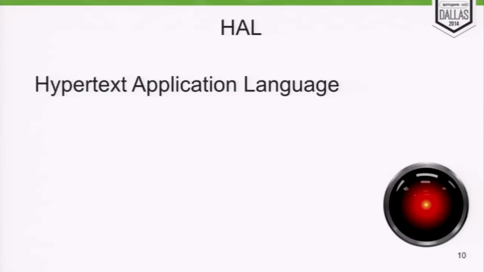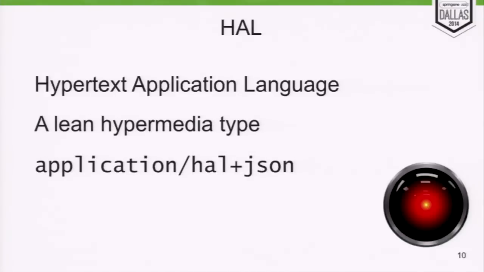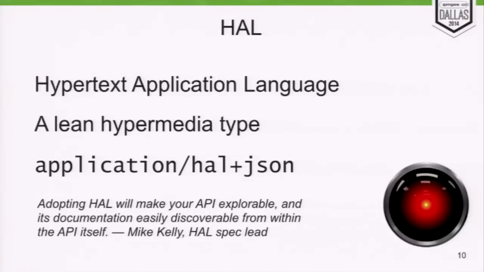To come back to HAL, it's a media type. It's not really standardized yet. But there's two flavors of it, HAL JSON and HAL XML. The stuff you've just seen, of course, is the JSON one. The important bit actually is, why do we choose HAL in the first place?